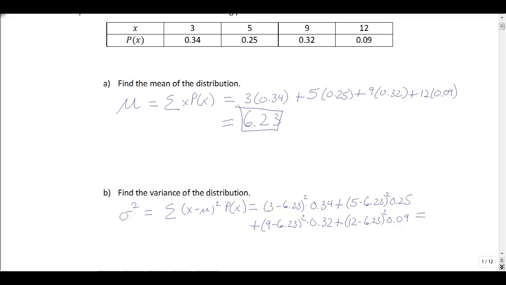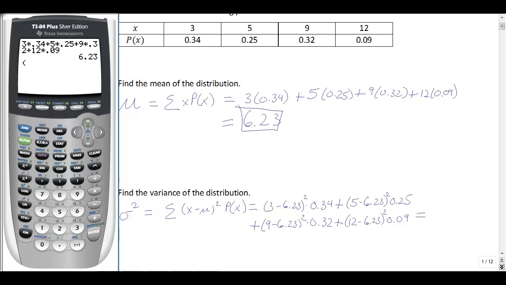So I put these all together. I'm definitely going to use my calculator to do this. 3 minus 6.23 squared times 0.34, plus 5 minus 6.23 squared times 0.25, plus 9 minus 6.23 squared times 0.32, plus 12 minus 6.23 squared times 0.09.